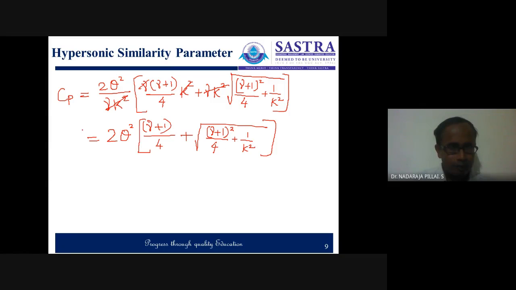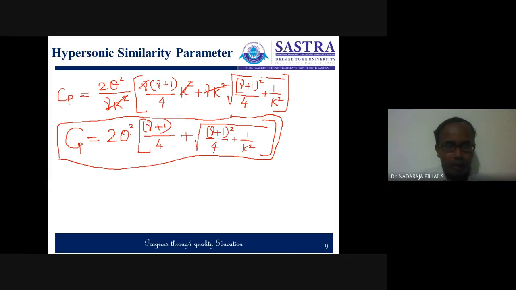So this becomes the final equation of Cp, right? The final equation of Cp in terms of theta, k and gamma.